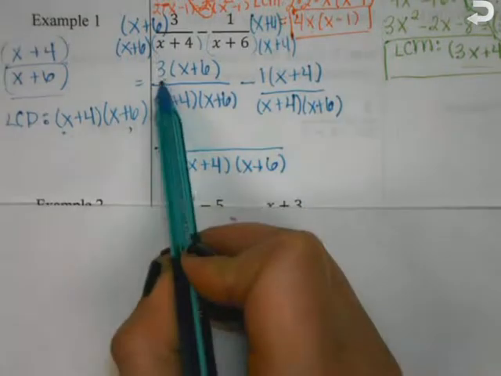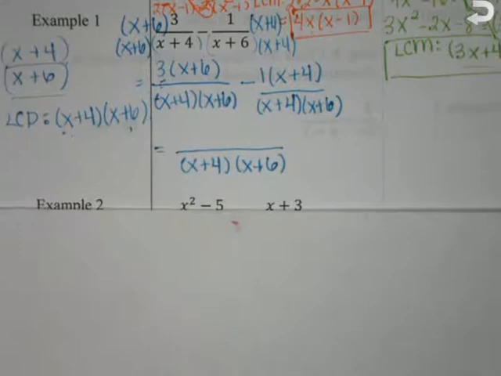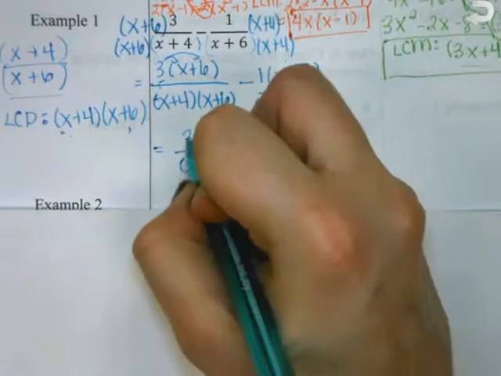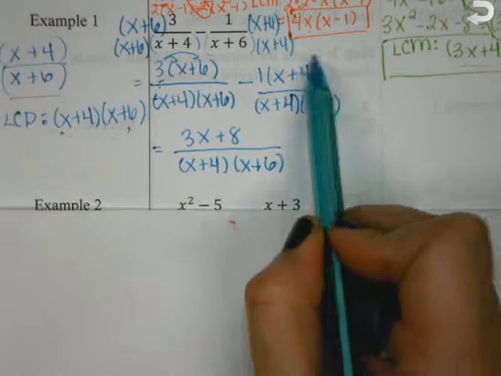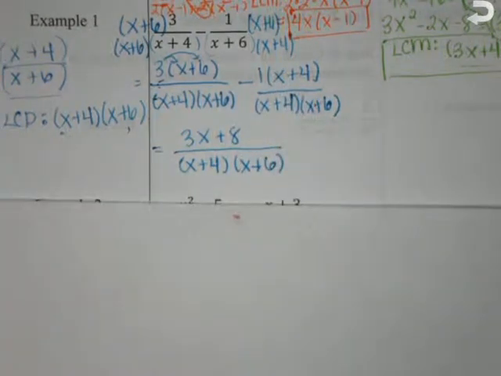3 times x plus 6. What am I going to do with that, guys? So this is 3x plus 18. And then this one right here, I have minus 1 times x plus 4. What am I going to do there? Distribute the negative 1. So you're going to distribute that whole negative 1.